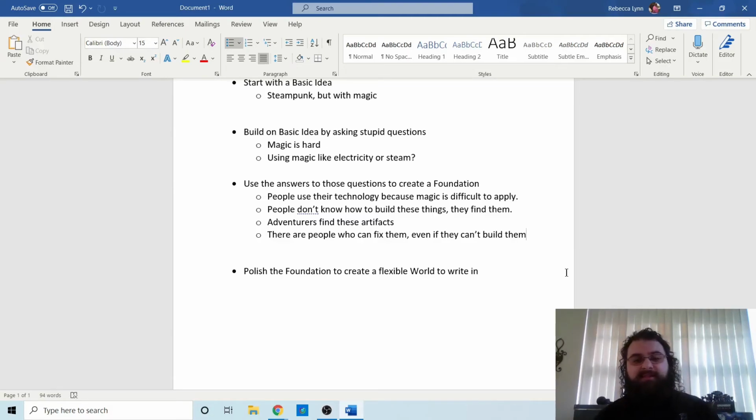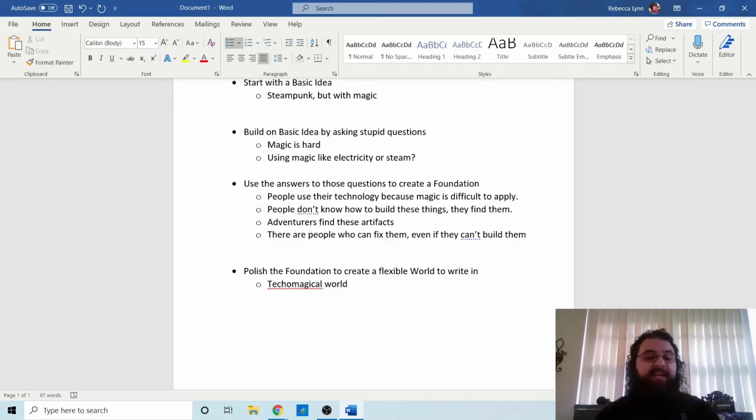From the answers to those two questions, we pulled another couple of questions. And now we've actually built already, in these few short steps, a pretty intricate world, if you think about it. We've decided that the world is, in fact, steampunk but with magic, right? So let's just call it techno-magical.